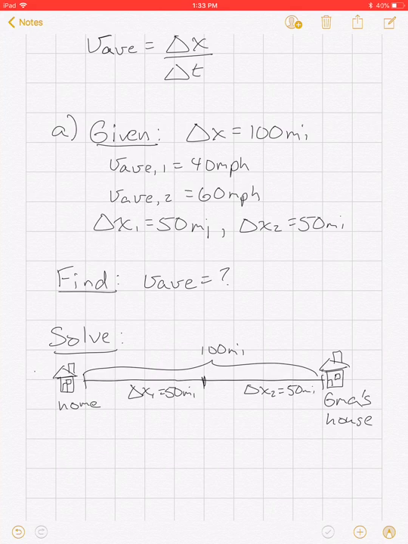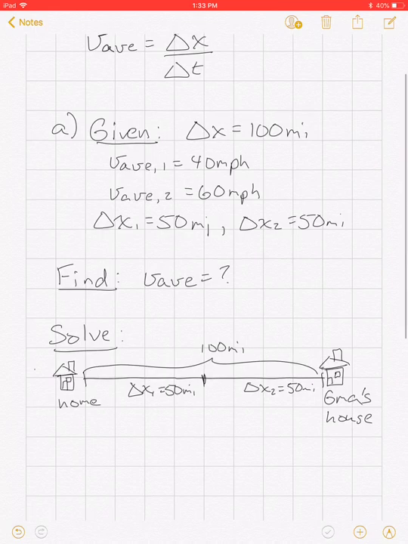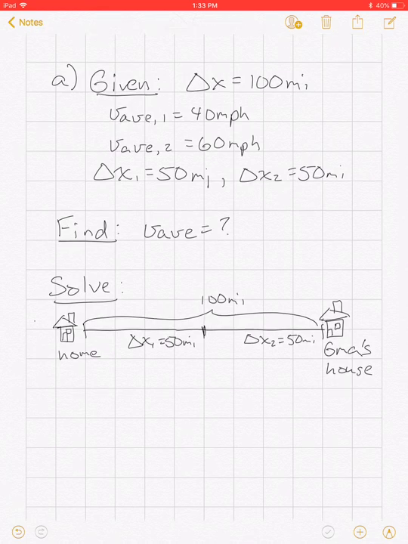And I know you're sitting here going, well, the average velocity of the two should just be the average of 40 and 60. That's not the way it works. We have a definition for our average velocity, and that's what we have to use to solve this problem. So if we're looking at the velocity equation, we know the total distance, right?